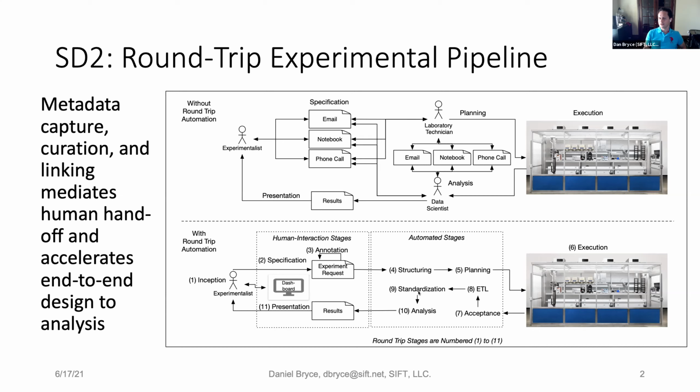And really that enables the next step where we have several automated analyses that can take those standardized data frames and automatically apply analysis to those, and then ultimately generate a set of results that goes back to our experimentalists.